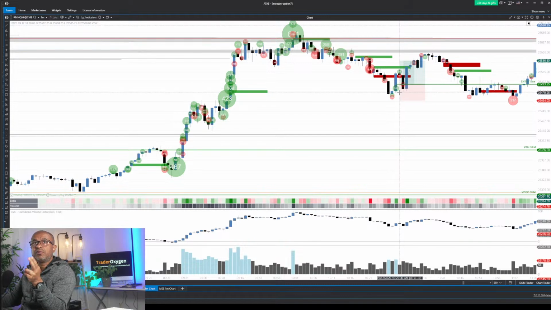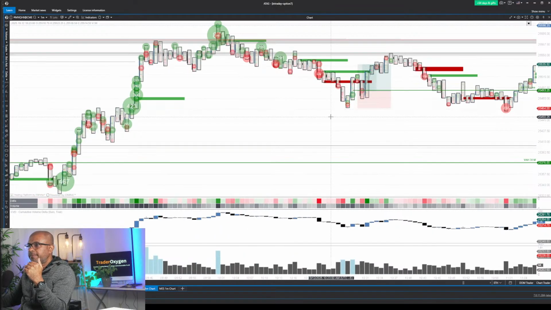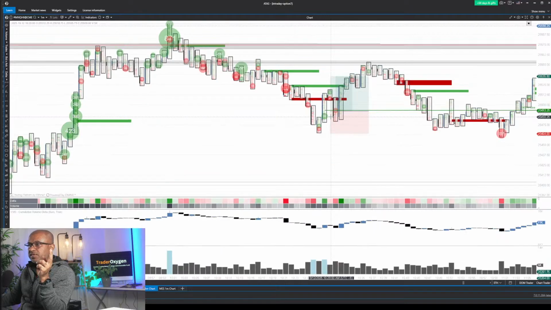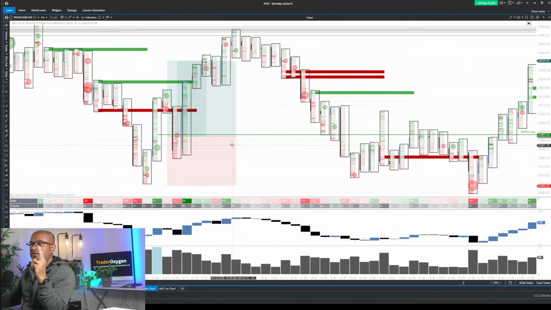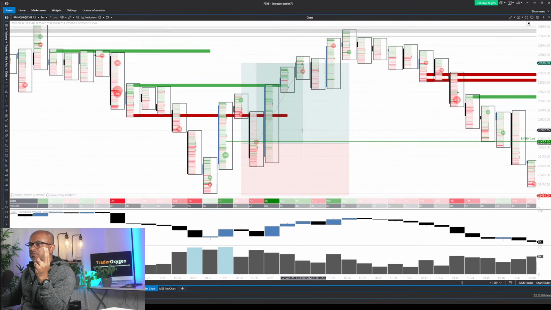So to jump into the footprint chart, let me just show it to you. You zoom the chart. When you zoom the chart, what you are seeing is the order flow and the footprint chart, which gives more information.